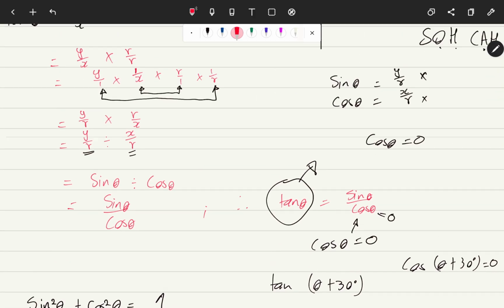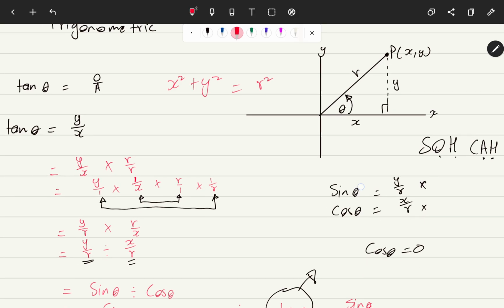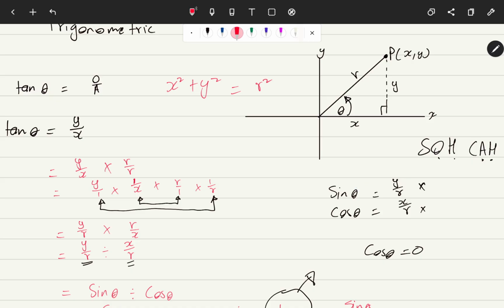So now let us come to our triangle and apply the theorem of Pythagoras. We have x squared plus y squared is equal to r squared. Remember, this is our radius. Yeah, we're cool and we're done.